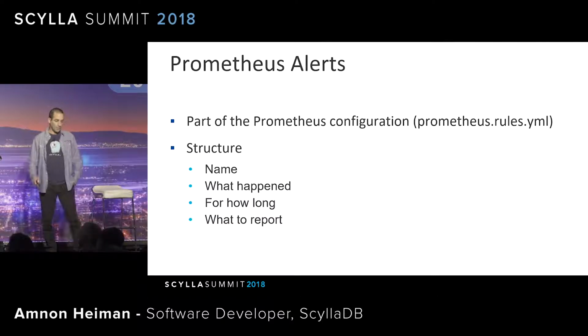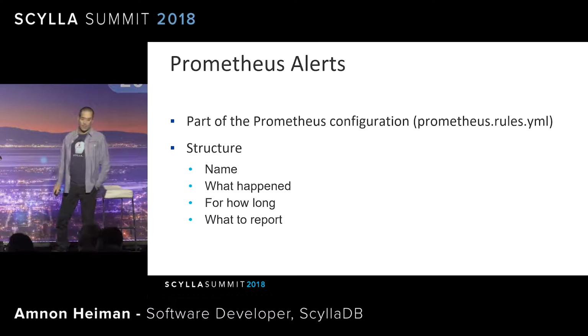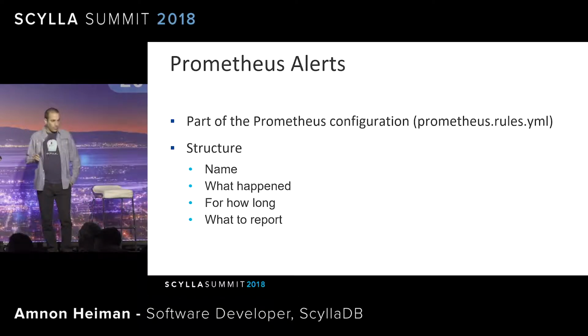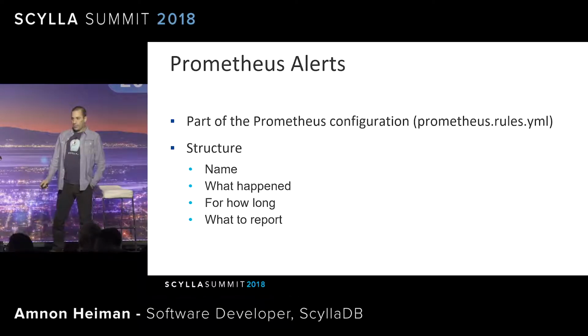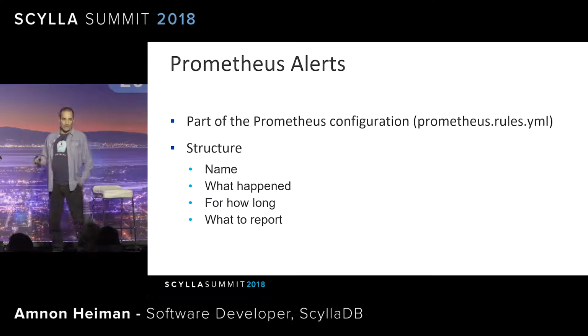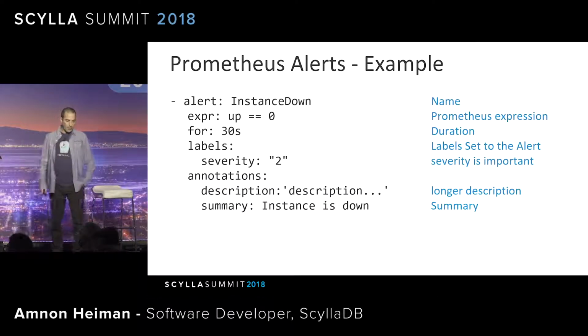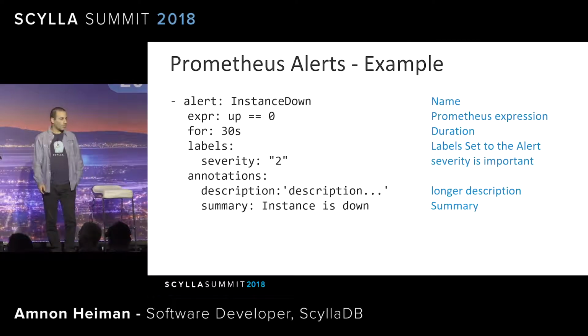So we'll go a little bit deeper into Prometheus alerts. Prometheus can fire an alert when something is happening for a certain period of time, and you can add additional data to that alert. This is a sample of a configuration that sends an alert when a node is down.